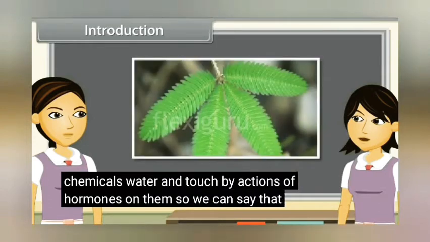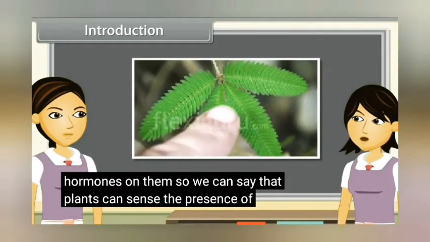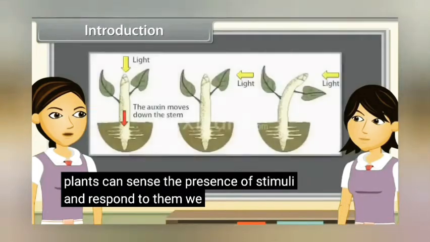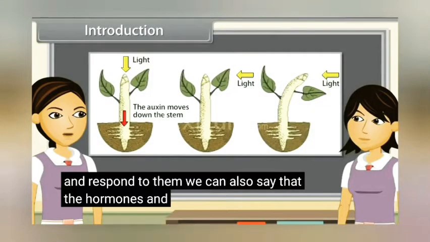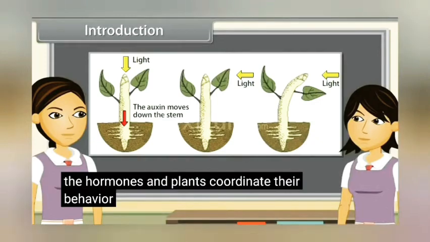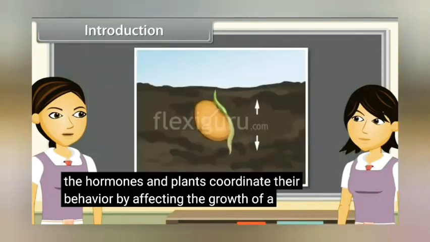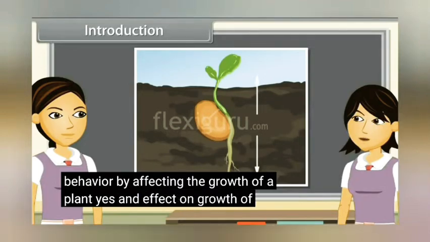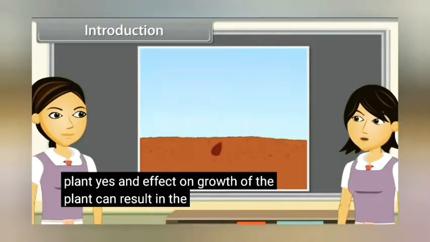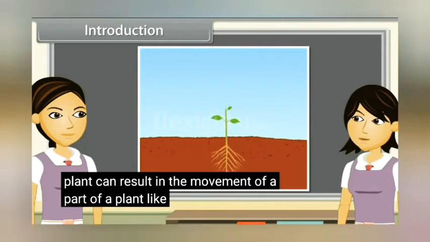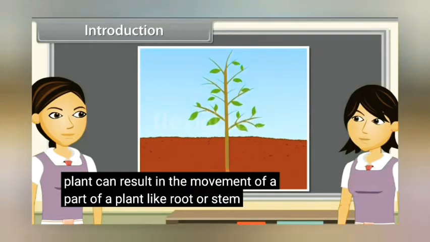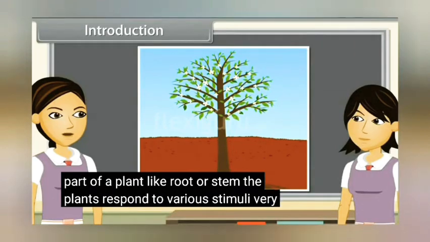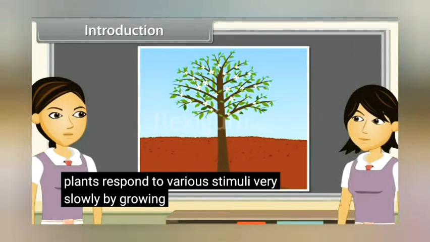So we can say that plants can sense the presence of stimuli and respond to them. The hormones in plants coordinate their behavior by affecting the growth of a plant. The effect on growth can result in the movement of a part of a plant like root or stem. Plants respond to various stimuli very slowly by growing.